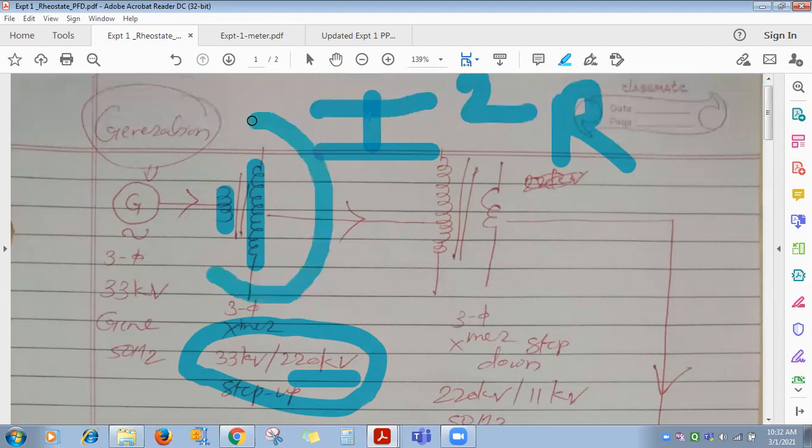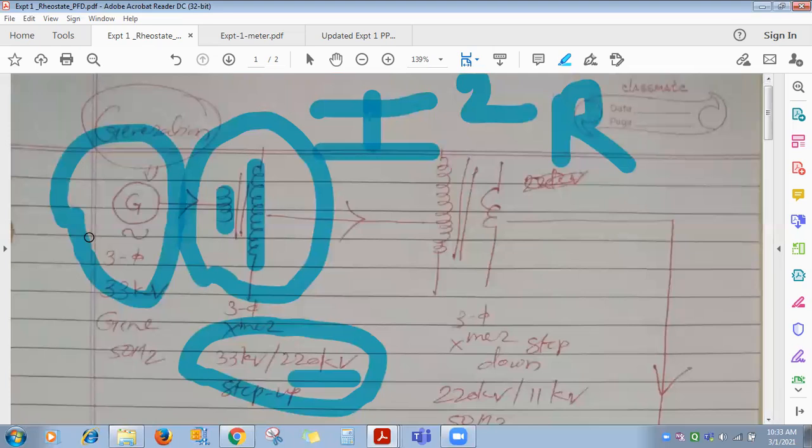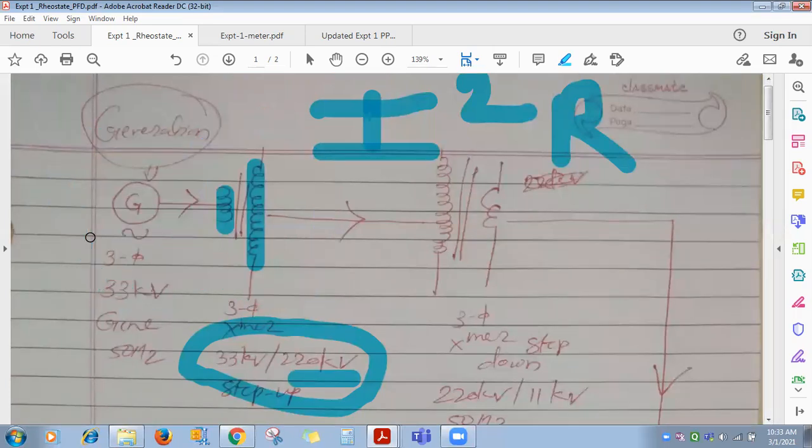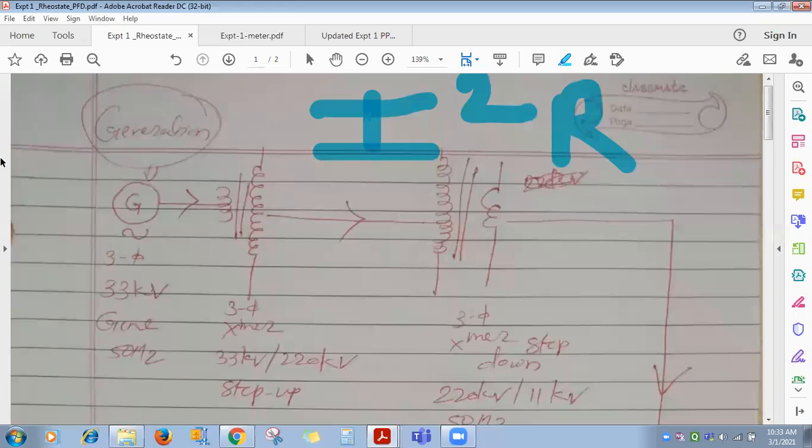This is called a major substation. In a major substation, the transformer is the main device. In generating stations or power plants, the generator is the main device, or machine you can say. Got it? So here we are using a step up transformer to step up electricity to 220 kV.